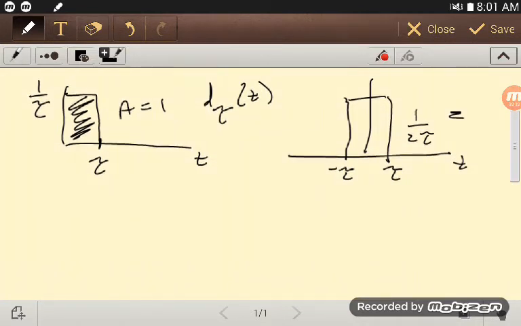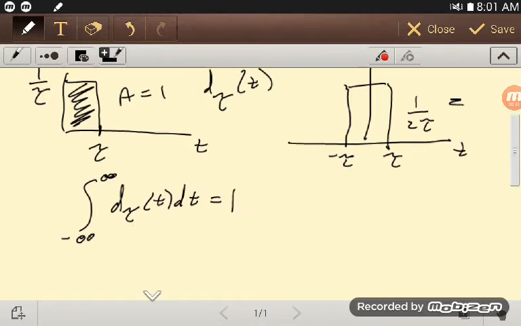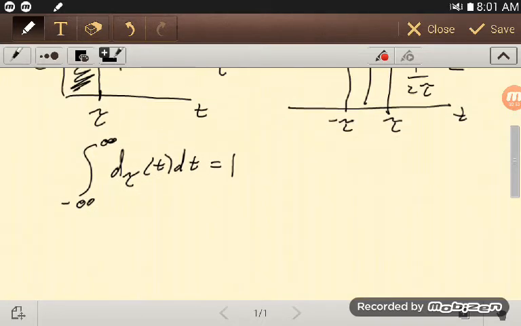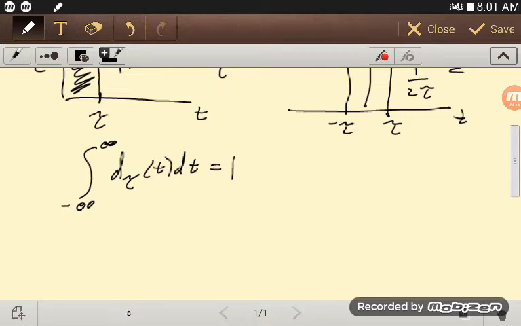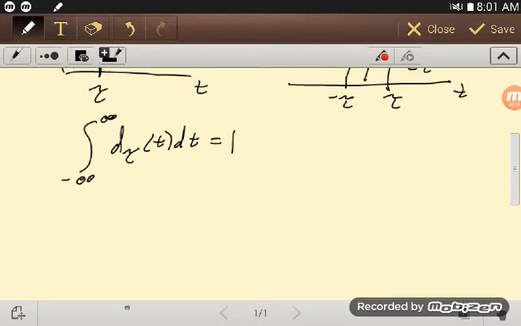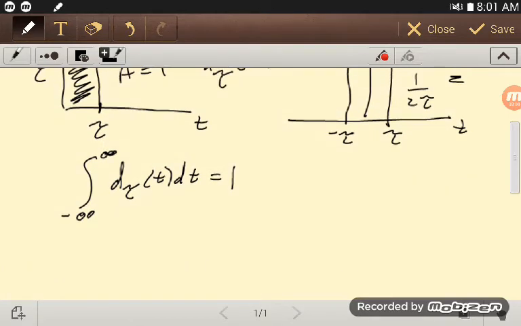And so notice that no matter what tau is, and I could do this for either of these, if I do the integral from minus infinity to infinity of d tau of t dt, I always get 1, because that area is 1.